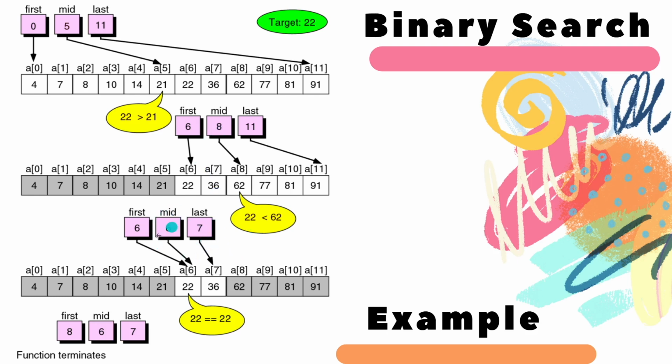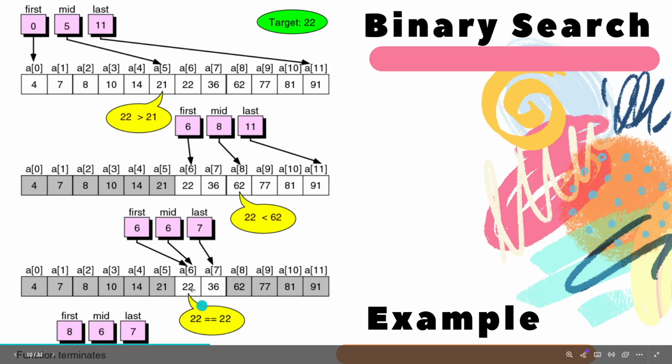Now, we recompute mid, which is first plus last by 2, thereby we get 6. Now, we compare our target with the element found at 6. In our case, it is a perfect match, and so we report the location of the target element as 6, and we put an end to the search operation.